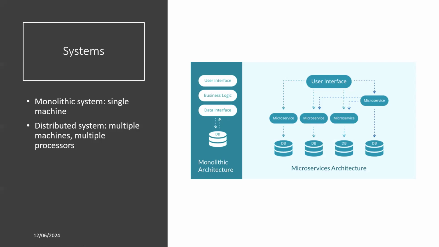Therefore, we need to work with distributed architectures. Traditionally, everything would be in a single place, and you would handle everything at a single point in time, on a single machine, which we call a monolithic system. Whereas nowadays it's distributed everywhere.